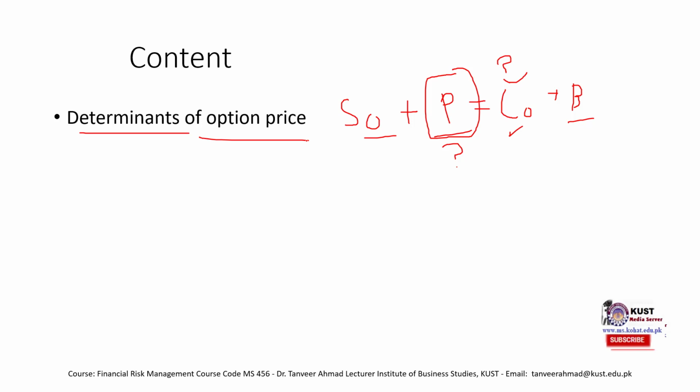What are those determinants that affect the premium of the option? And once we have determined them, there is another, advanced model called the Black-Scholes model, which uses all these determinants to find the intrinsic value, or the premium, of the option. This is a more advanced, more superior model compared to the put-call parity model.